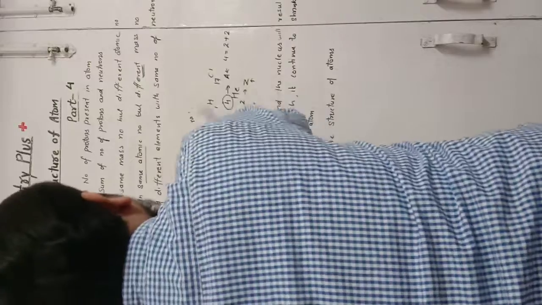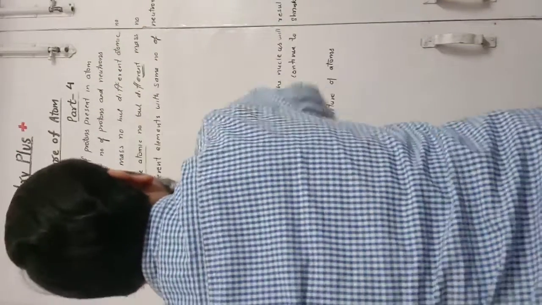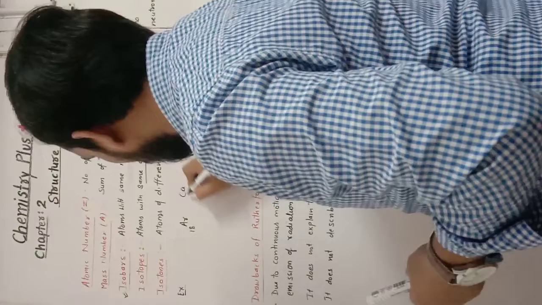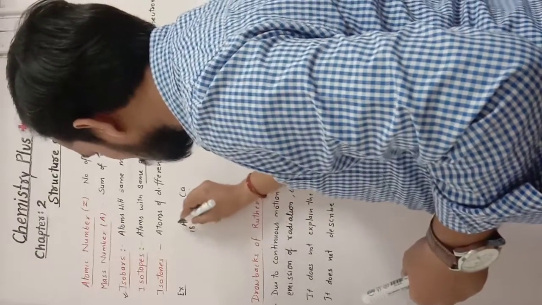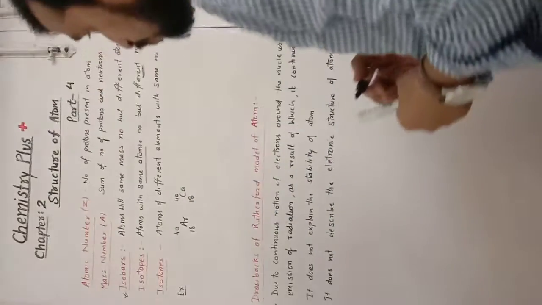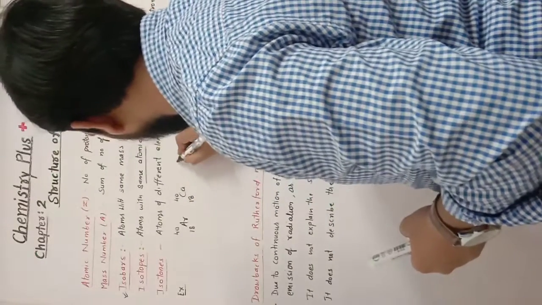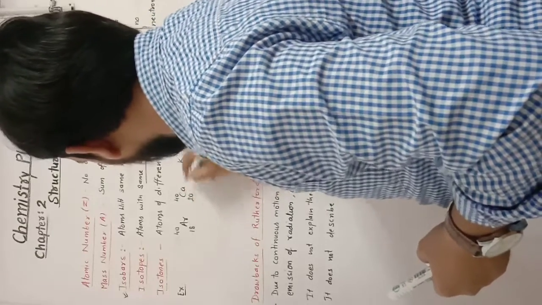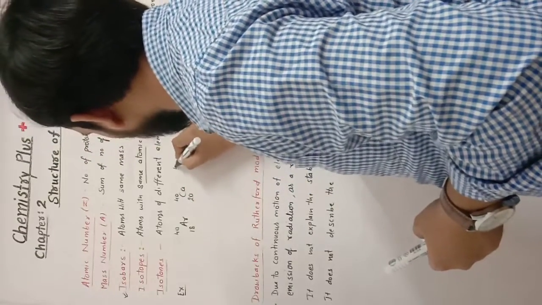For example, if we take the example of argon, its atomic number is 18, and calcium has atomic number 20, but argon has mass number 40 and calcium also has mass number 40. And one more atom, potassium, has atomic number 19 but mass number 40.